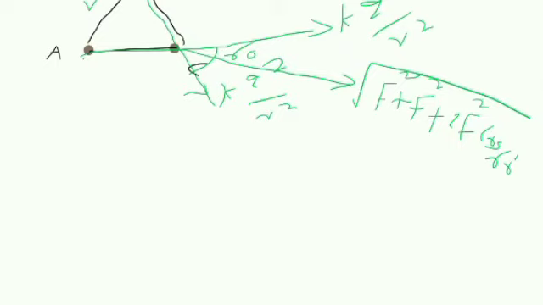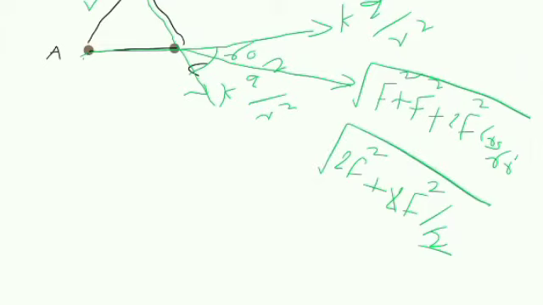Cos 60 is 1 by 2, so 2F square plus 2 into F square into 1 by 2, the 2 cancels, under root gives resultant force root 3 F according to this direction.